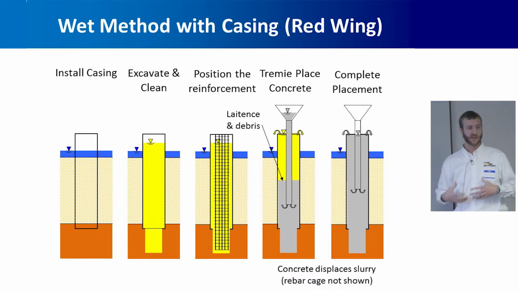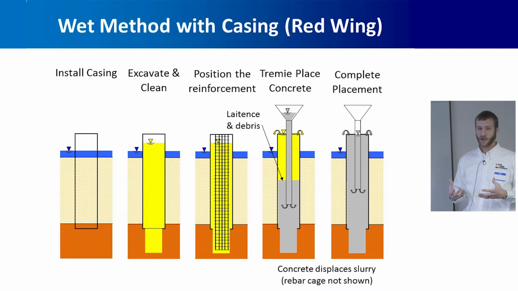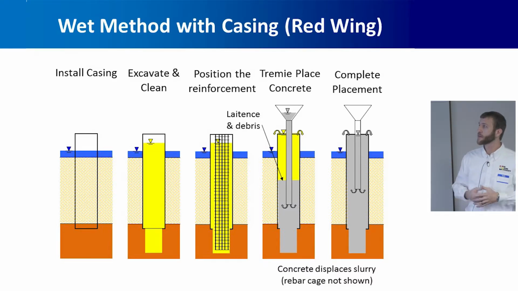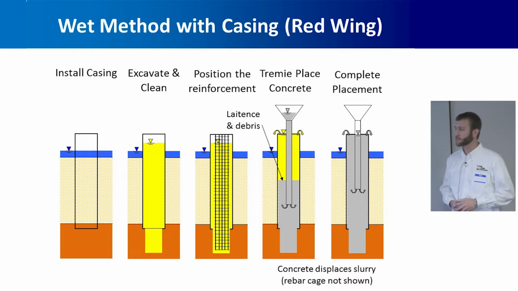Then excavate and clean, which will all be done under drilling fluid. Place the reinforcement. Once again, this entire process is occurring with a positive head maintained in the casing.